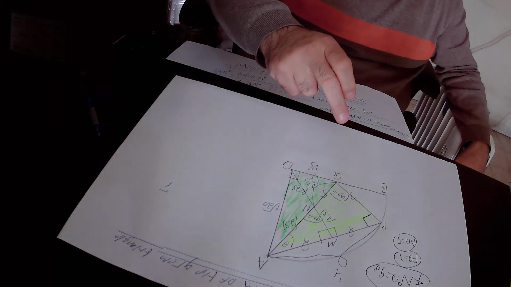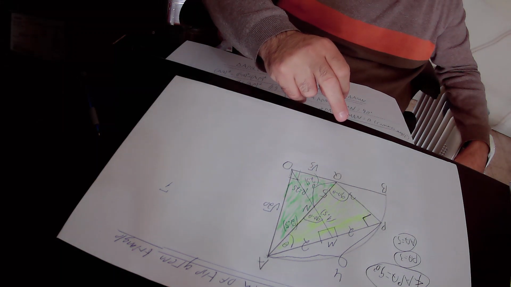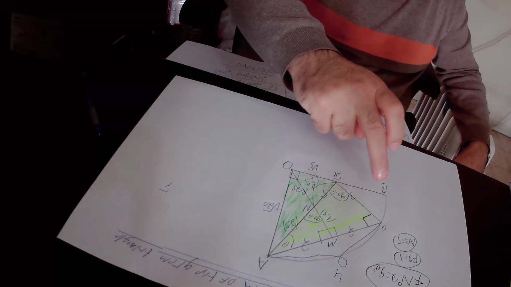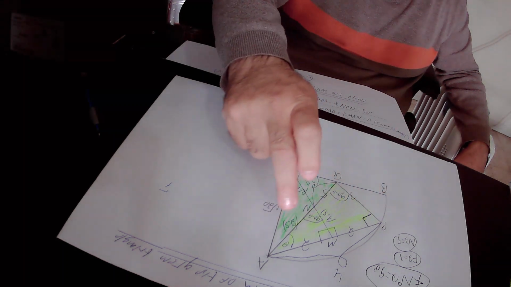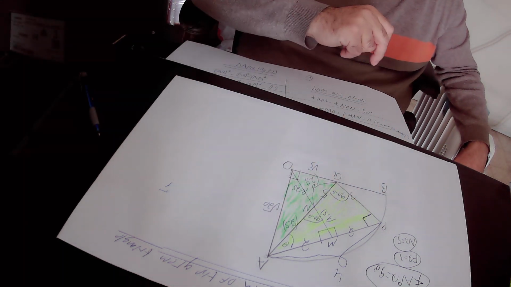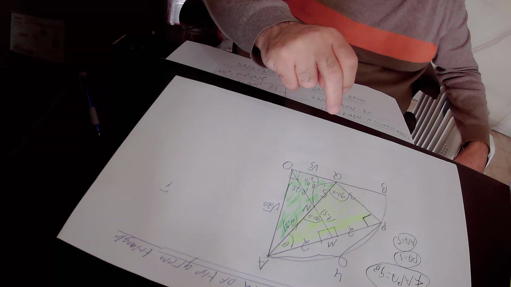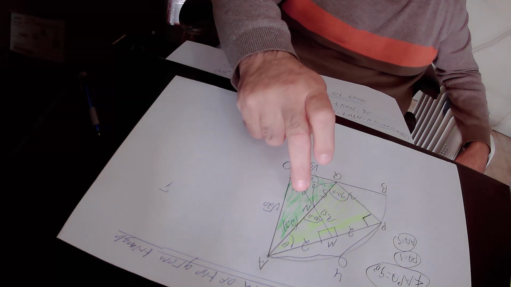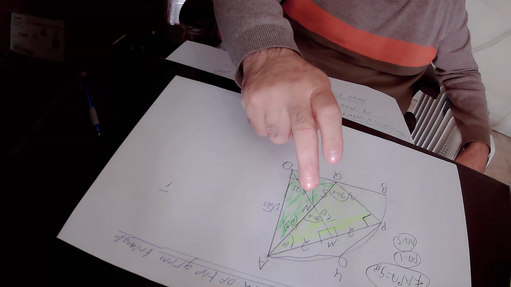We actually called angle theta two different names. Angle theta is angle PAQ that belongs to the big triangle, and angle theta is also angle MAN that belongs to the small triangle.